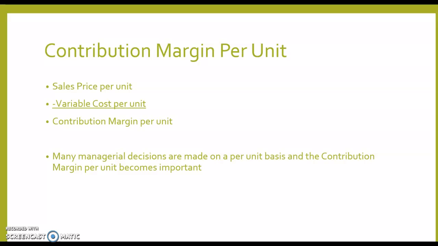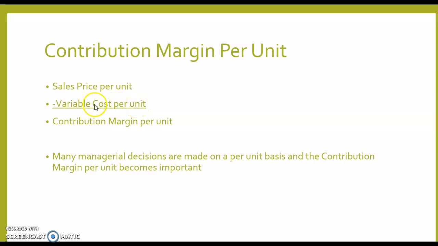If we want to take a look at the contribution margin per unit, which is part of variable costing, we can take the net sales minus the total variable costs, and that gets us the total contribution margin, and then we can divide that by how many units. We can also figure out the sales price per unit minus the variable cost per unit.